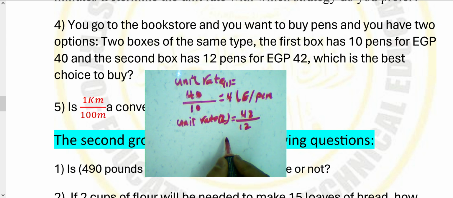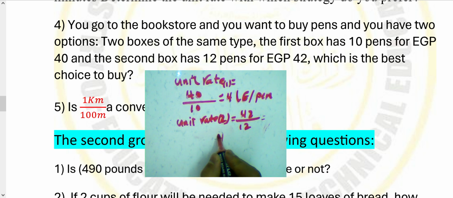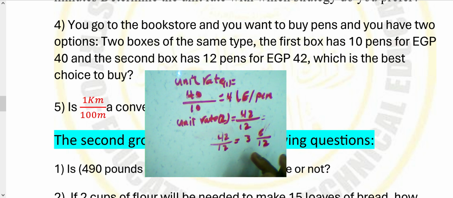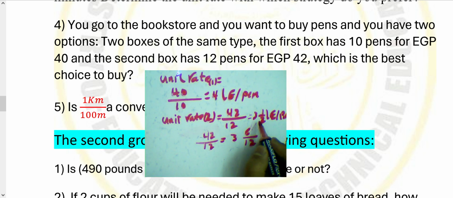So we can write 42 divided by 12. The result will be 3, because 3 times 12, no, 36. Okay, we have 3 and a remainder. 42 over 12, we can simplify. 12 times 3 equals 36, and then counting from 36 to 42, it will be 6. Then the result will be 3.5 Egyptian lira per pen. The price of one pen will be 3.5.